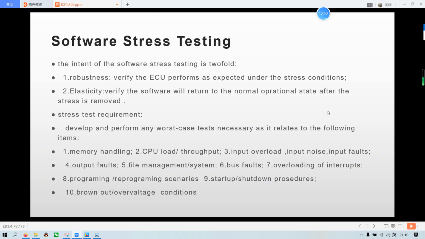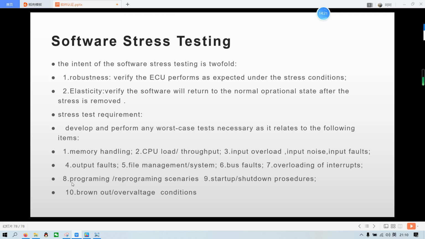Supplier shall develop and perform any worst-case test necessary as it relates to the following items. One, memory handling. Two, CPU load throughput. Three, input overload, input noise, input faults. Four, output faults. Five, file management system. Six, bus faults. Seven, overloading of interrupts.